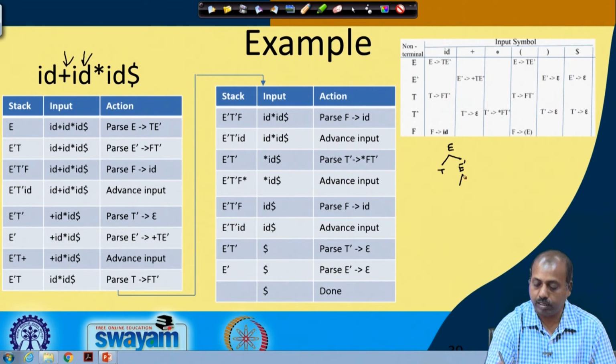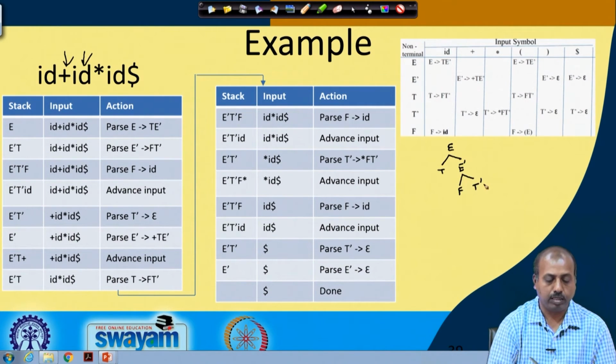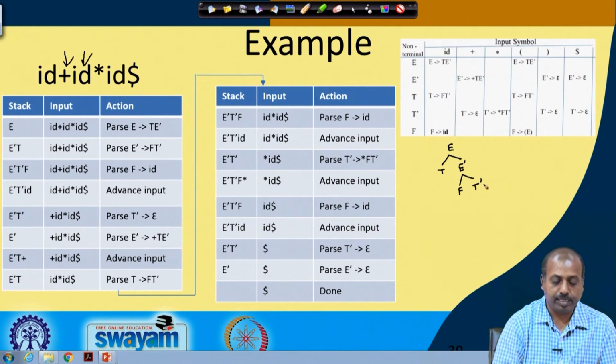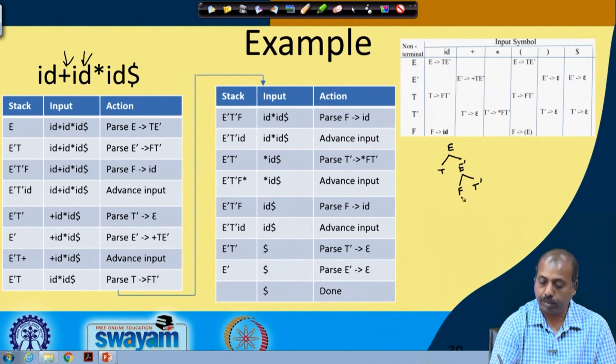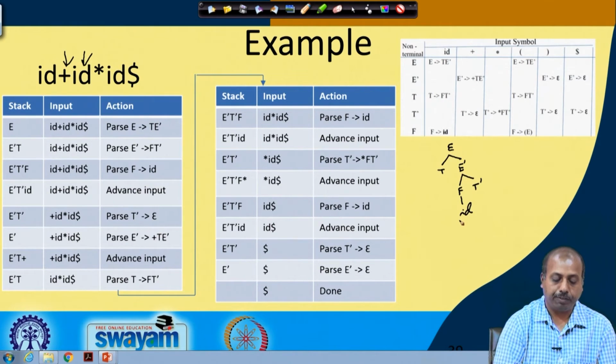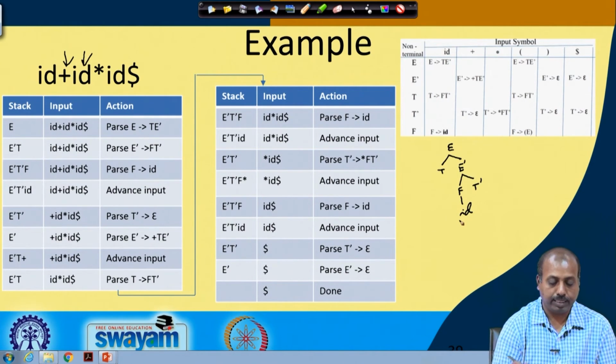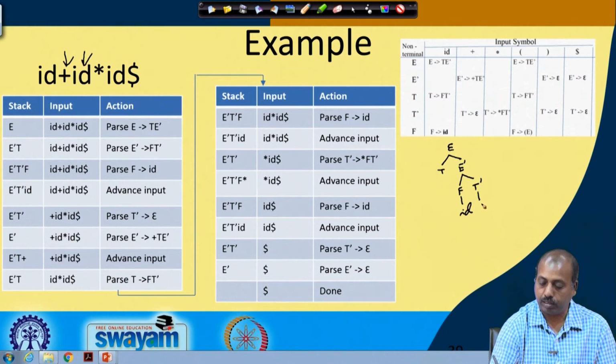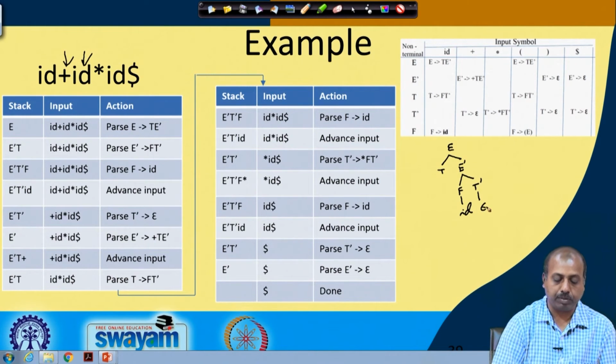So this is f, t dash. Then it says follow rule f producing id, then advance input. So no action. Then it says t dash producing epsilon, so follow this rule.